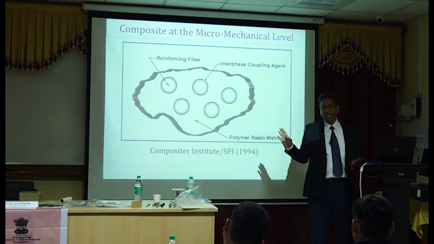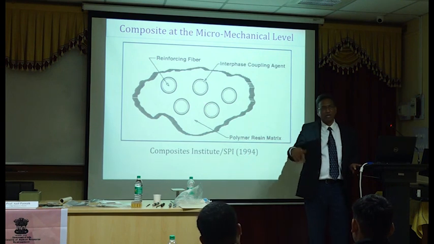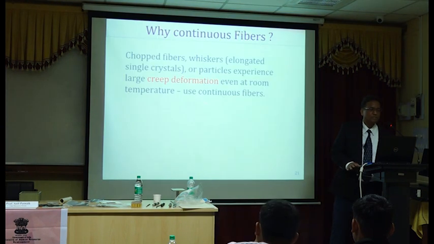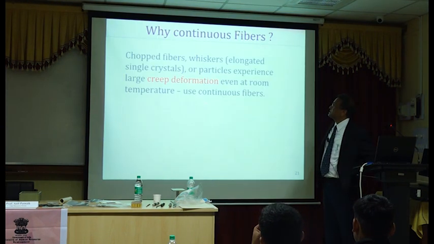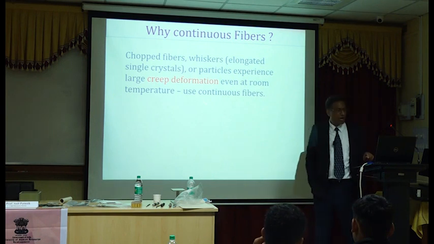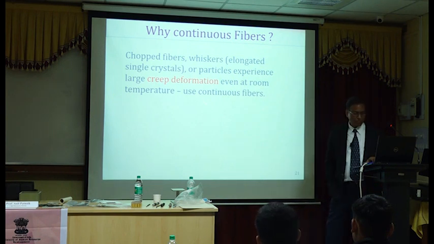Almost all fibers will have some kind of coating or sizing. Okay? What about fibers? So continuous fibers are useful. Chopped fibers, whiskers, you can use them too, but you need to add a little bit larger volume fraction.